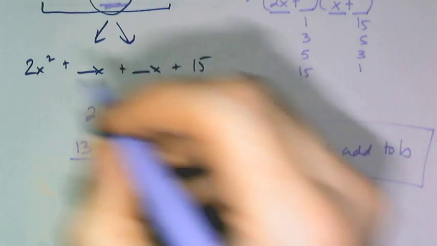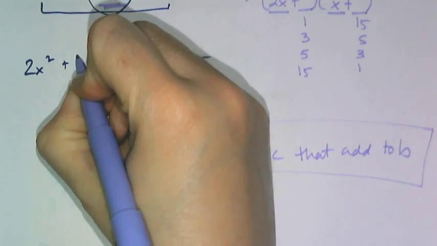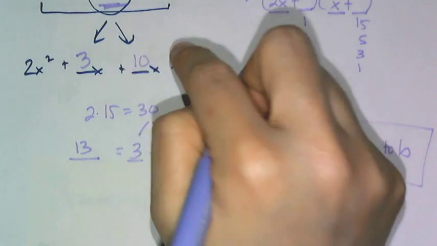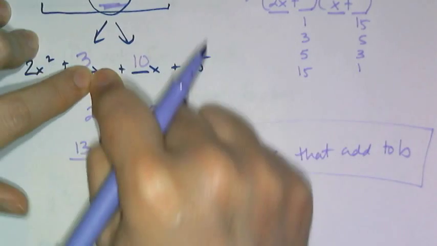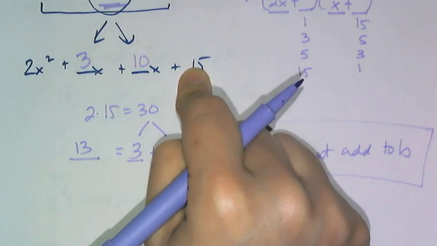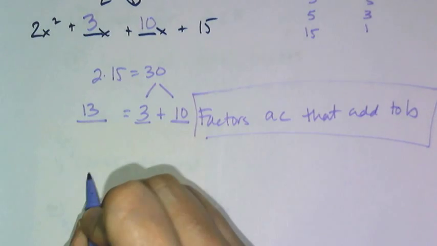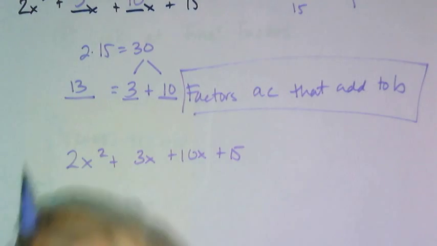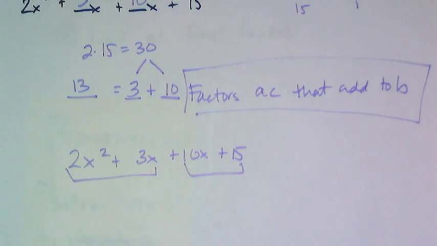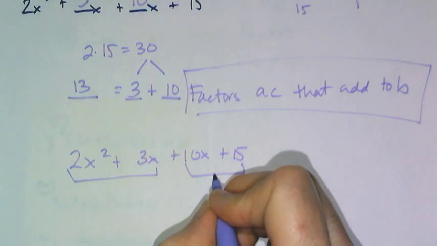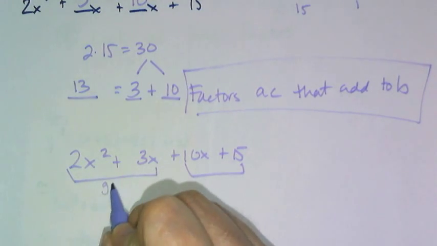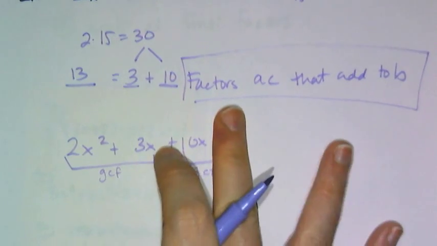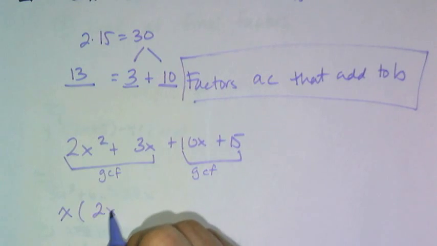So what this means is that one of these x's was a 3x and the other one was a 10x. Now it doesn't factor it for me. All it does is it tells me how to split this up to factor by grouping. Now at this point, you can do it like I did every other example by writing it out with the 4 terms, taking these 2 terms together and those 2 terms together, finding the GCFs of each of these, and the GCF of 2x squared plus 3x is x, and I'm left with 2x plus 3.